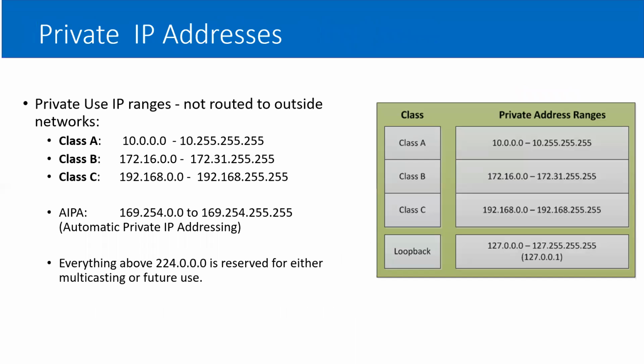IP addresses have different classes. I don't want you to get lost in this yet. Eventually, you'll learn more about it, but some of the IP addresses in the IP address range are reserved for private use. They will never be exposed to the external network. They're for your device, it's private, it's internal, it never goes to the internet. In Class A, if you ever see a 10 dot something address, that is all private address ranges.